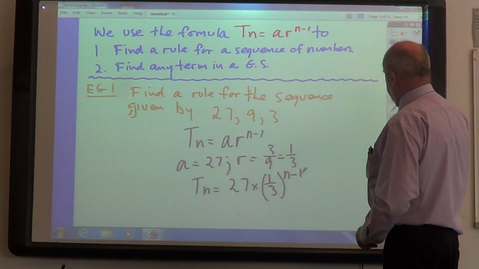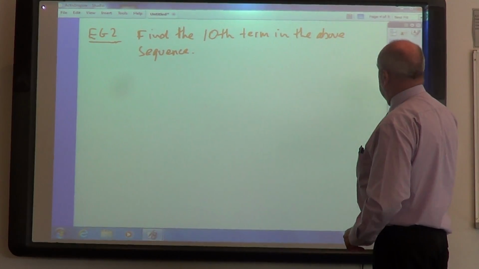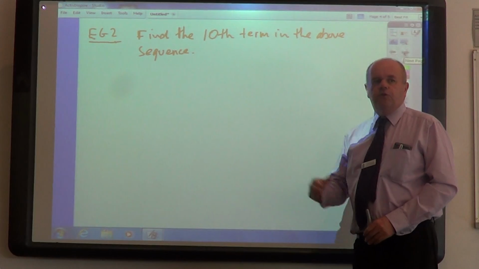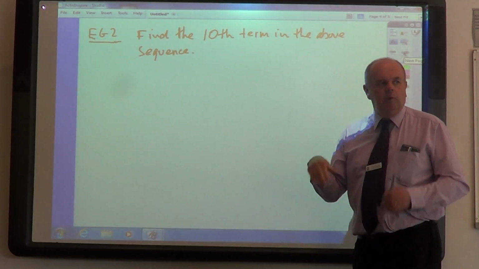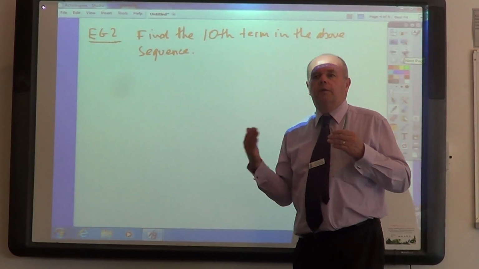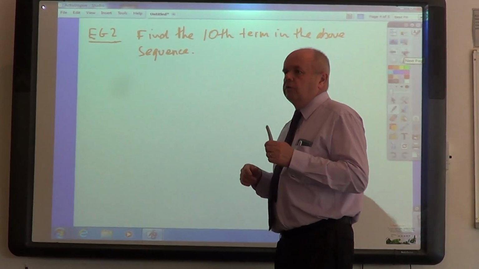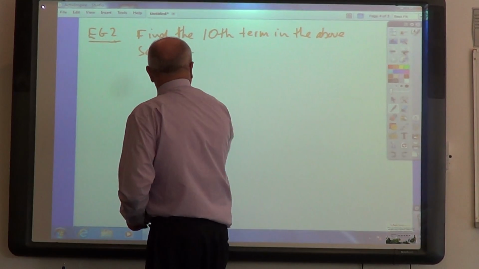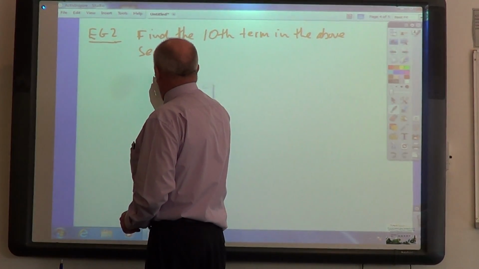Next step is to find the 10th term in the above sequence. We had the first 3 listed. Now we want to use the rule we found to find any term we want, in this case the 10th term. So what we need to do here is recall what the rule was.